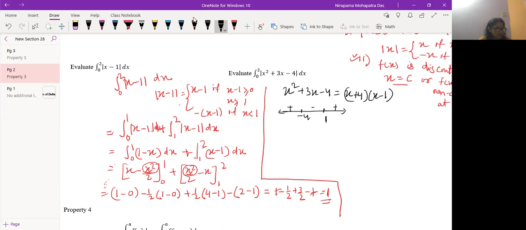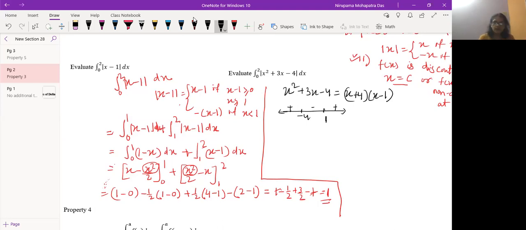So it will be positive when x is beyond 1, it is equal to 0 when x is 1 and when x is minus 4, and otherwise between them it is negative.